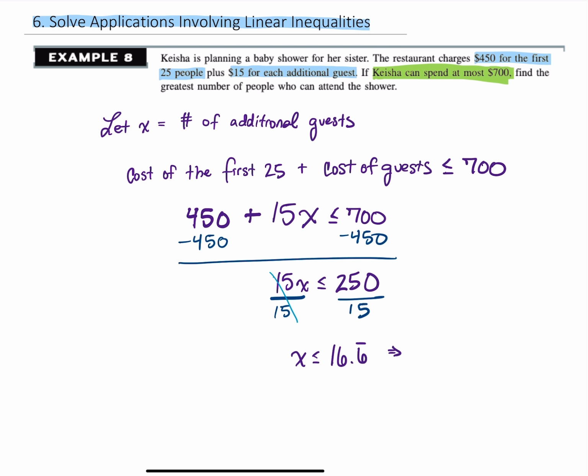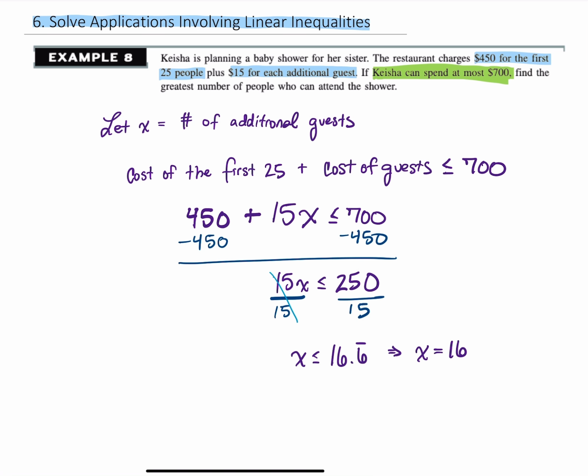From here we would say x will be equal to just 16. So we're rounding down because of the situation of the problem. The problem is talking in terms of people, and we would only speak in terms of whole numbers. We wouldn't say half or anything like that, or some decimal point. So this is the maximum number of guests that we can have on top of the original 25.